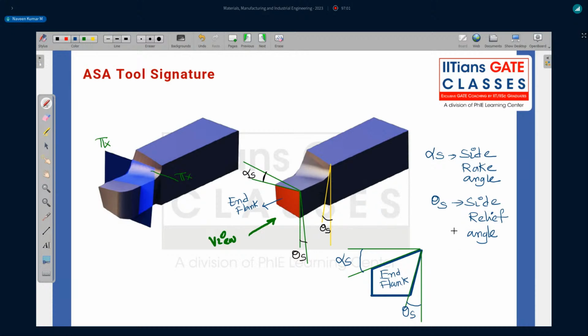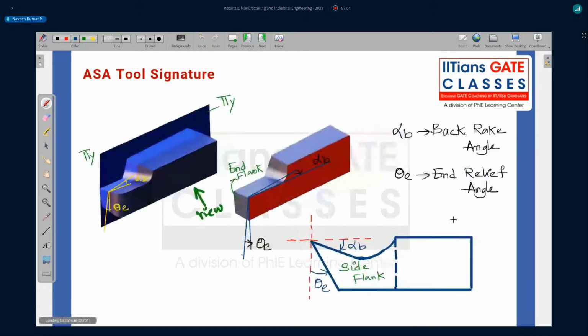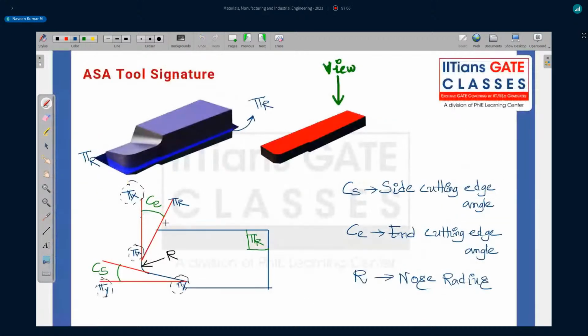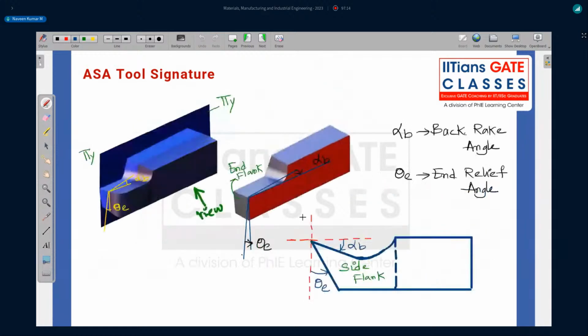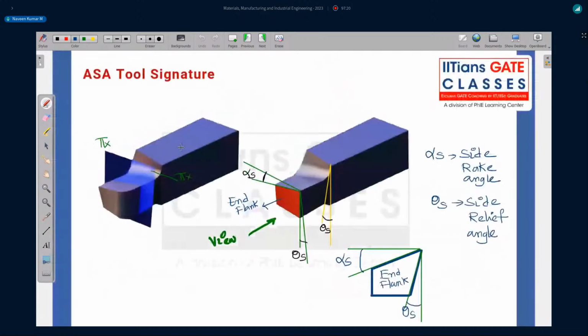Now that we have all the angles and nose radius, 6 angles, right? 2 angles here, 2 angles CE, CS in the pi r plane, right? And nose radius also is visible in the pi r plane. In the pi y plane, we have back rake angle and end relief angle, right? And in the pi x plane, we got side relief angle and side rake angle. Okay, good.